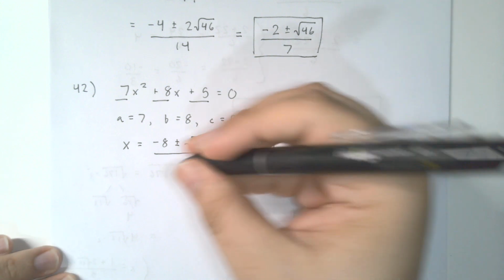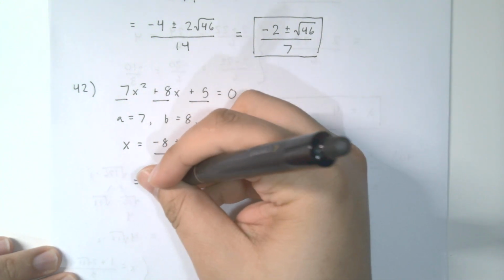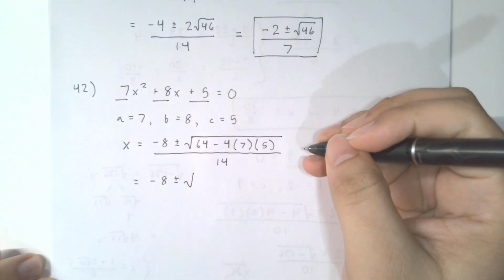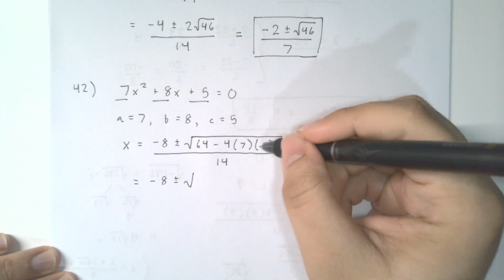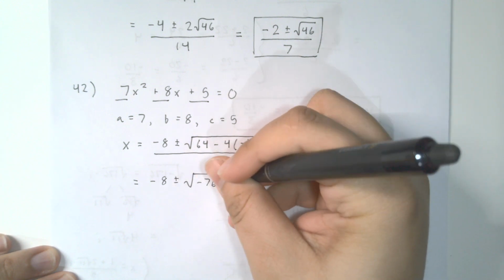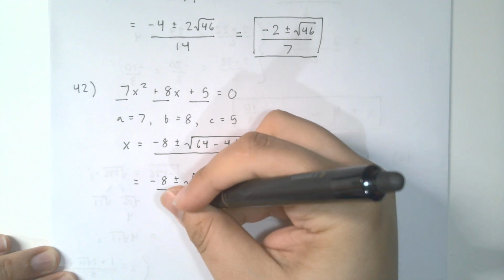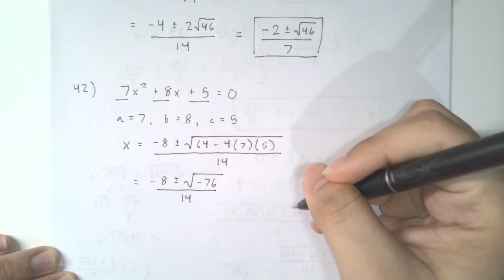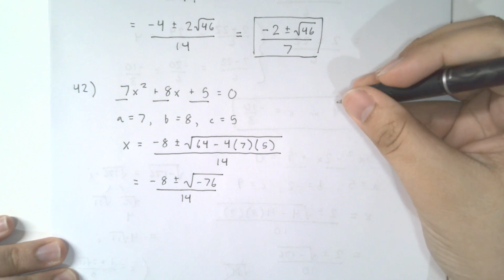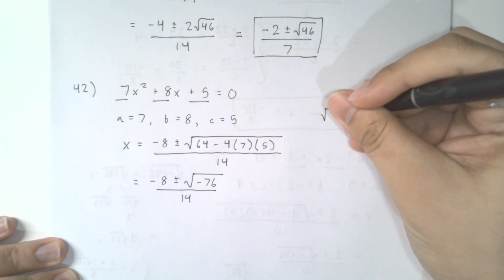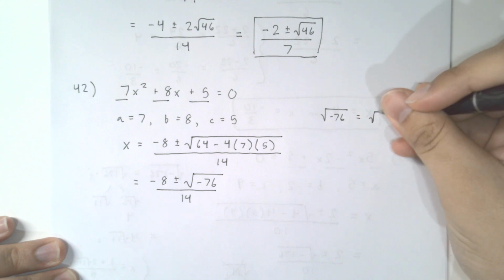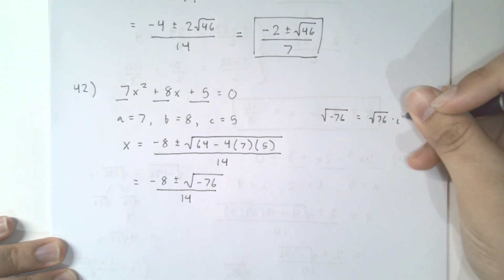And evaluating our discriminant, we'll have our negative 8 plus or minus the square root. And putting all this into our calculator, we'll get negative 76 all over 14. So, again, we have the square root of a negative. So square root of negative 76 is going to be the square root of 76 times i.